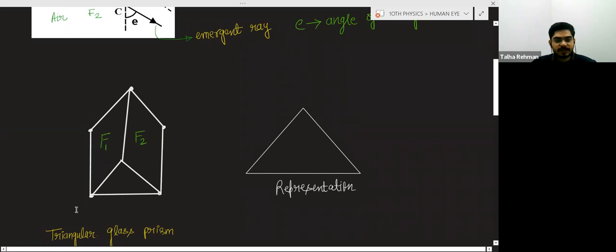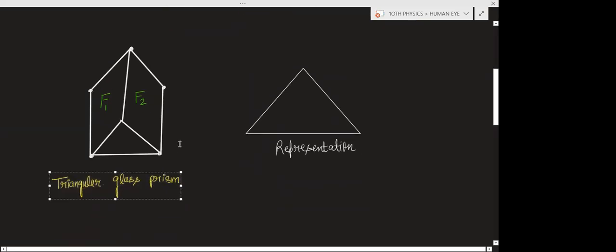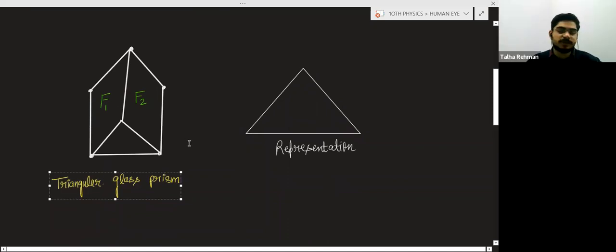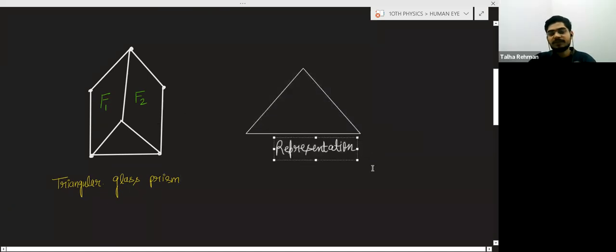This is basically a triangular glass prism. Sir, three rectangles and two triangles. Very good. Of course, right. One rectangle, another rectangle, and there will be another rectangle at the base. Yes, sir. Just turn off your mic.